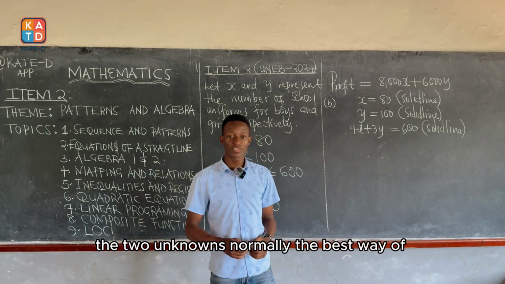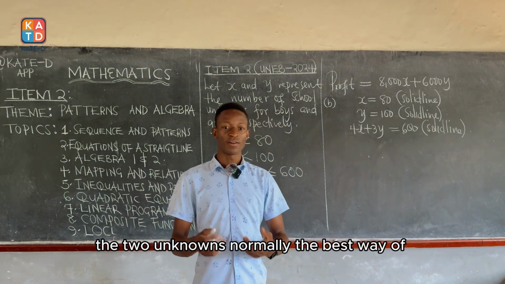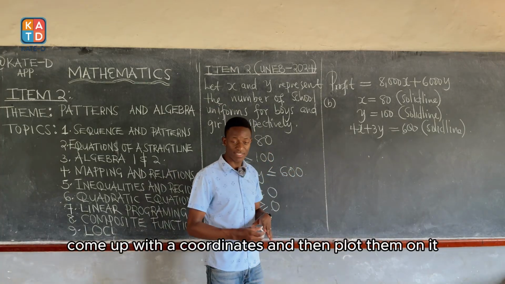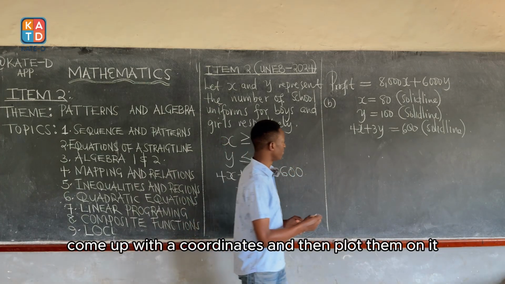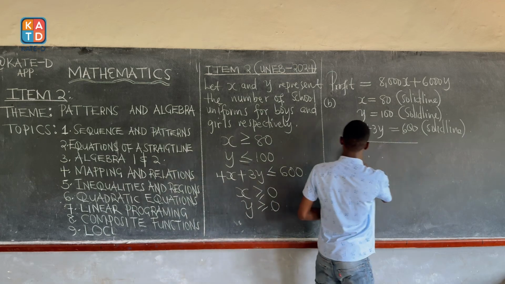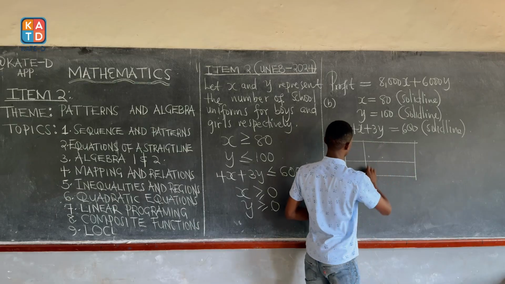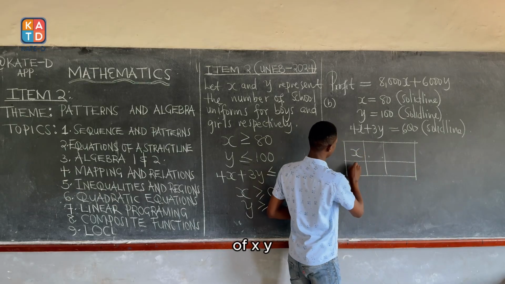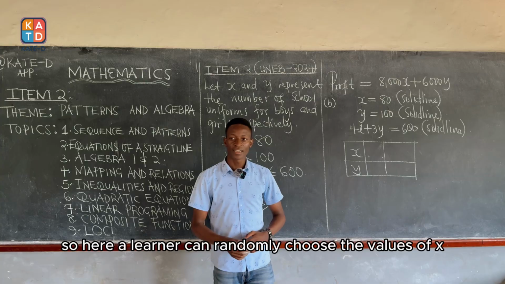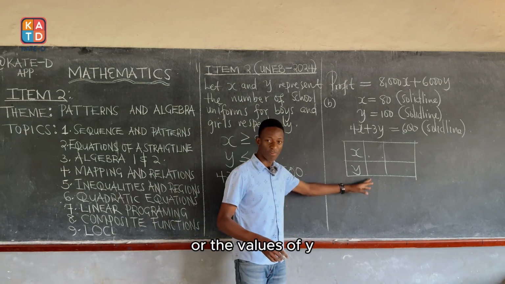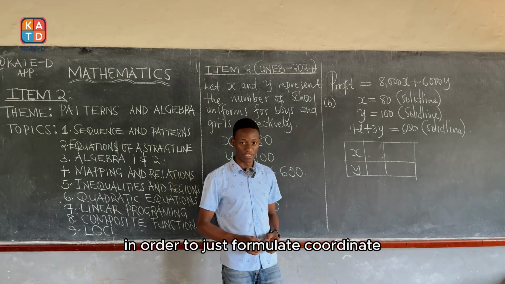The two unknowns, normally the best way of drawing such is just by drawing a table, come up with the coordinates, and then plot them on it. So we have this table. Have x, y. So here a learner can randomly choose the values of x or the values of y in order to just formulate a coordinate.